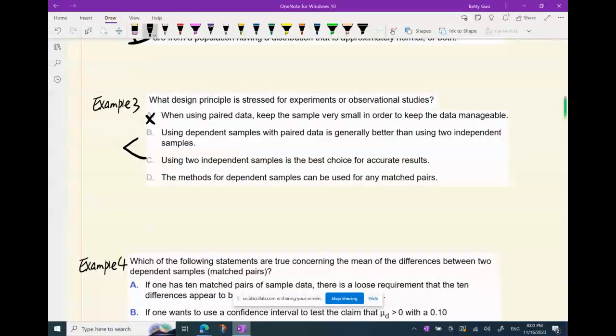But if it's possible, we can use the same group of subjects and test the same subject before the treatment and after the treatment. It is actually better than two different subjects. So I would say B is better than C.